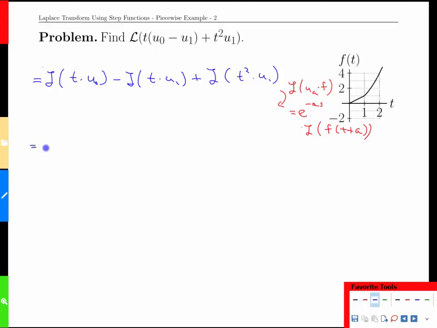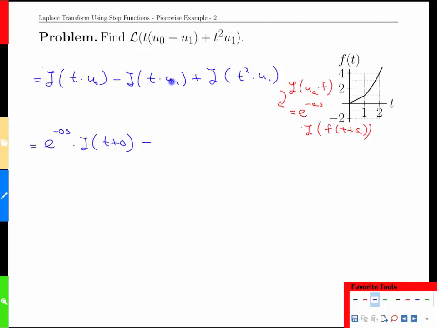That gives us here e to the negative 0s times the Laplace transform of t plus 0. Now that seems a little trivial, and it actually is. Keep in mind that the Laplace transform is an integral. It starts at 0, so whether things turn on at 0 or were off before doesn't really play a role, and we see that coming in the math here.